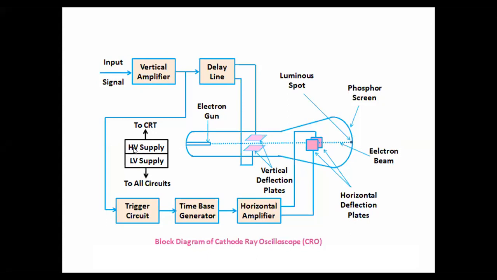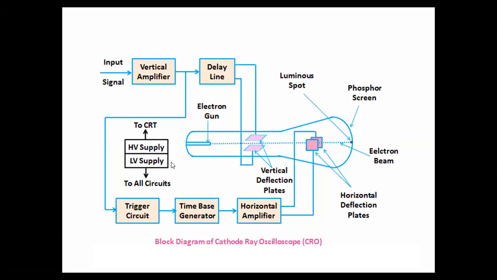The high voltage supply is applied to the CRT, because a high speed electron beam should be produced from the electron gun. That's why it requires a high amount of power supply, around 1000 volts or so.